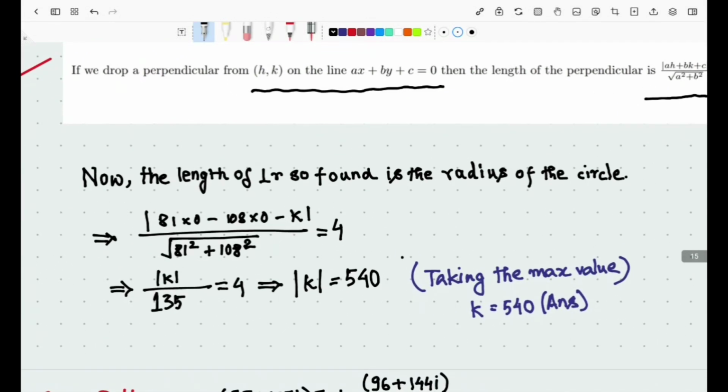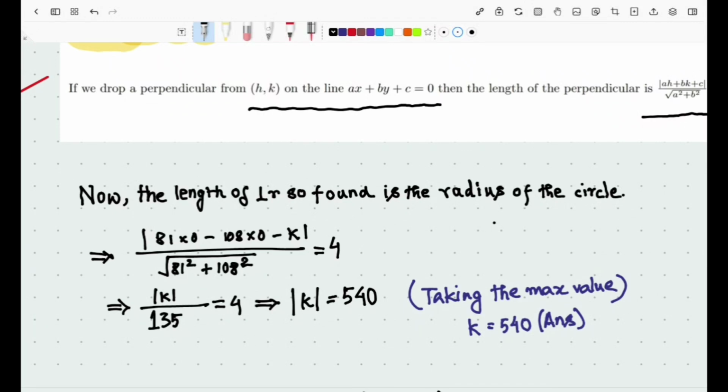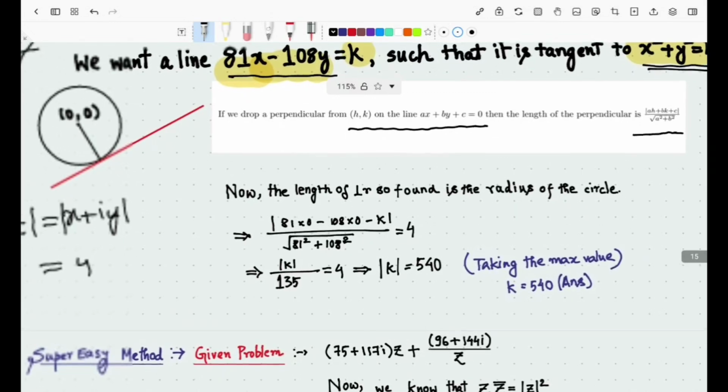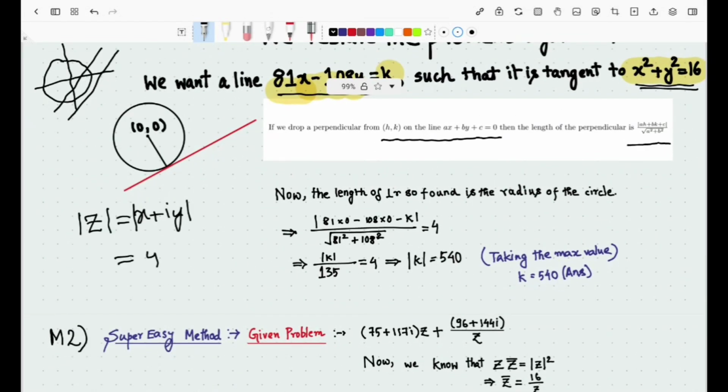That is what I have done here also, that I have taken the line to be 81x minus 108y equal to k. So if I bring the k to the left hand side, then I can get this expression in the form of ax plus by plus c equal to 0, and further I can solve it so that we get the value of k equal to 540.